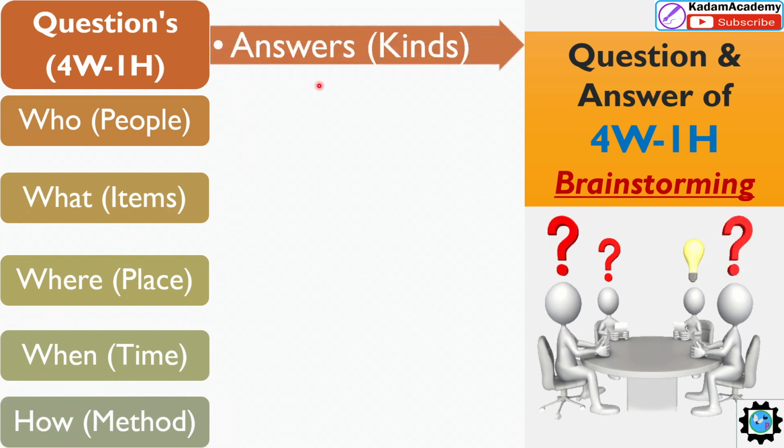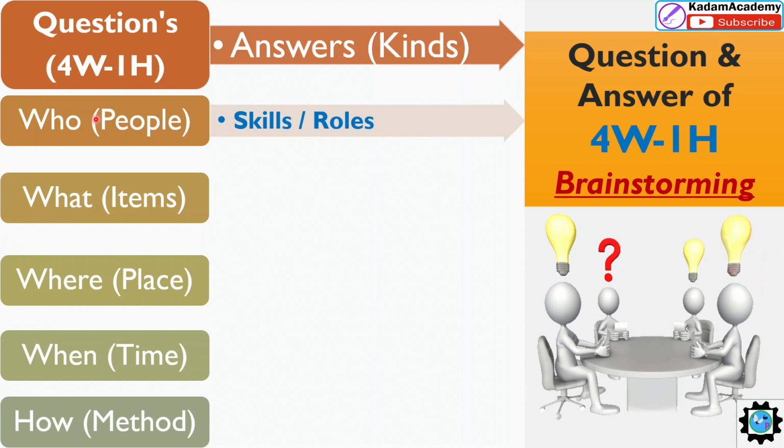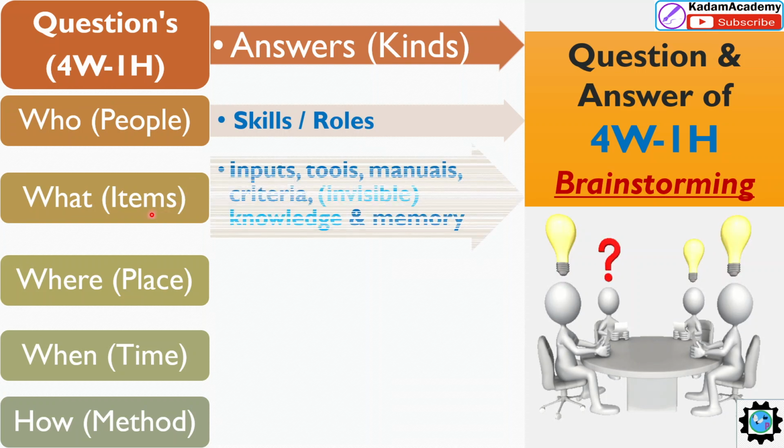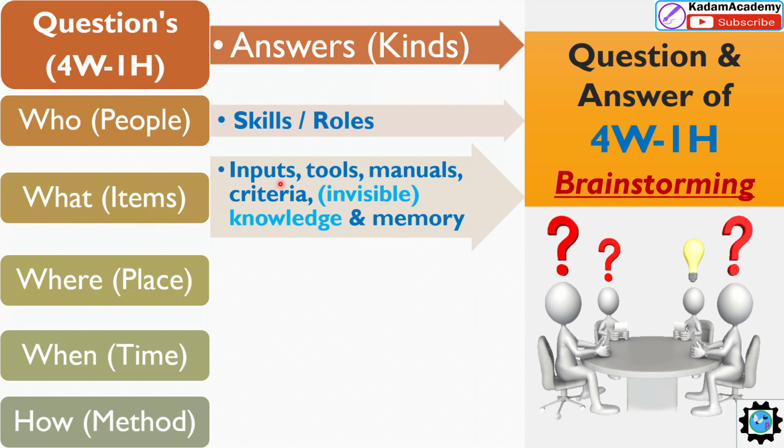What kind of answers do we have to expect from these questions? Who means people with their skills and roles involved in the problem. What means items, that may be input, tools, manuals, criteria, invisible knowledge and memory you have to utilize.